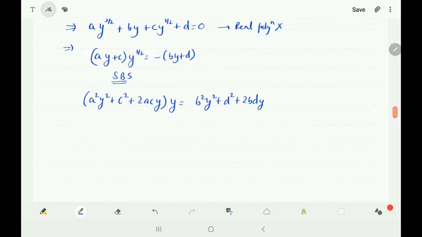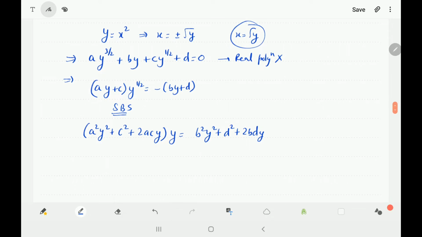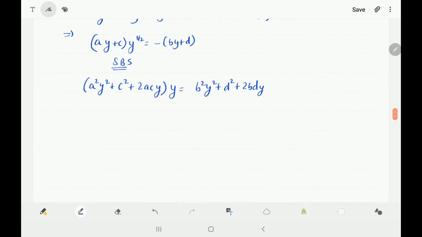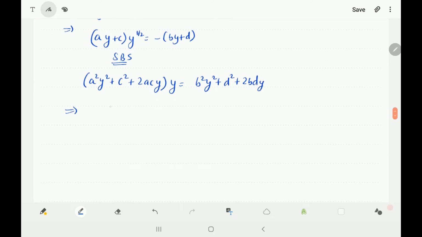I hope it is clear that because the degree was 3, we need to do the squaring on both sides. Even if you had taken minus root y, the result would have been the same. So finally we'll be getting the equation as a square y cube plus (2ac minus b square) y square plus (c square minus 2bd) y minus d square is equal to 0.